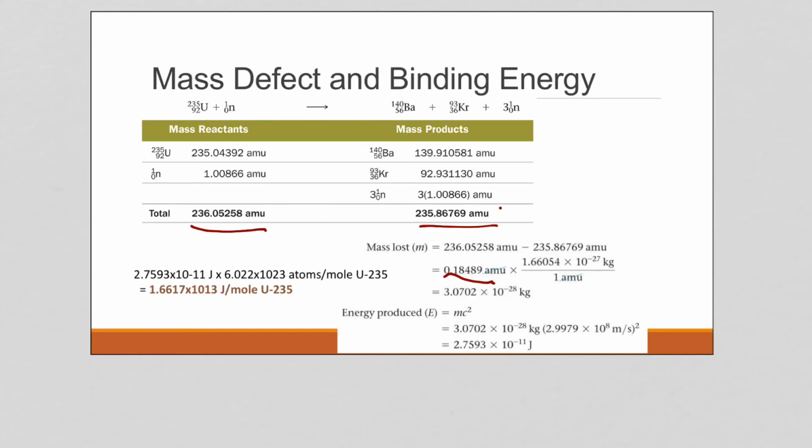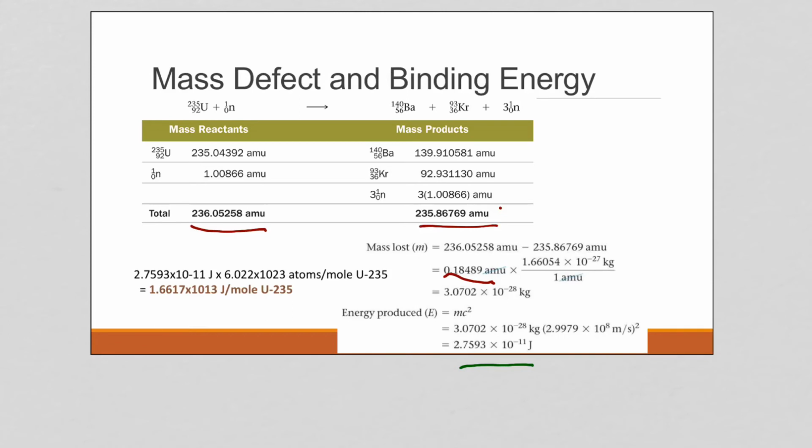Then if we look at Einstein's equation and think about how much energy that might be, if we take our mass loss and we multiply it by the speed of light squared, we get the creation of 2.7593 times 10 to the minus 11 joules. Well, one might look at this number and argue that, oh, that's so tiny, right? That's to the minus 11. But remember, that is for 1 atom of uranium-235.